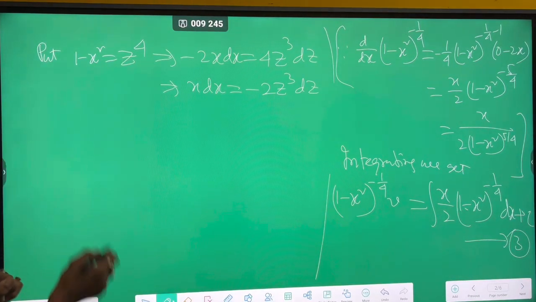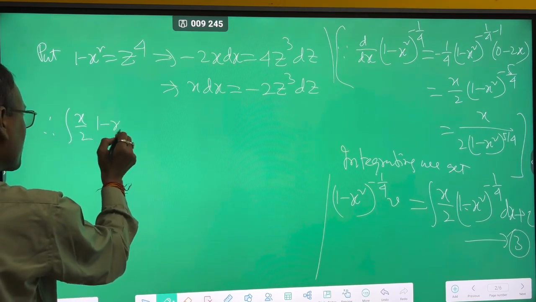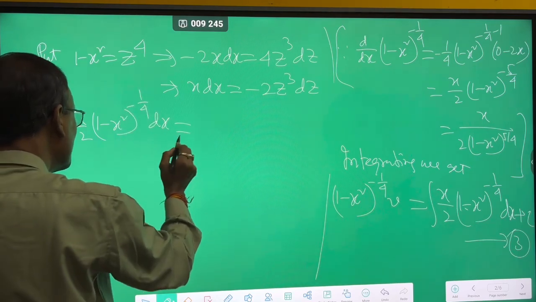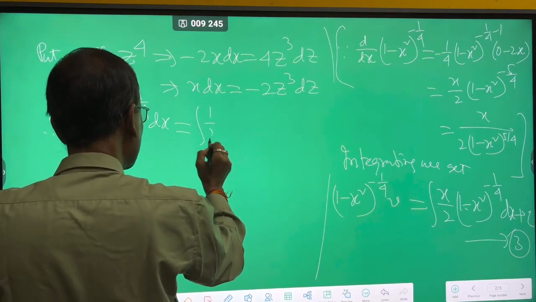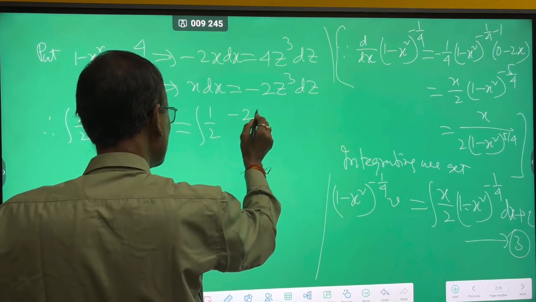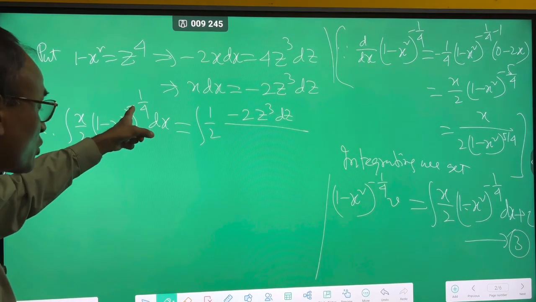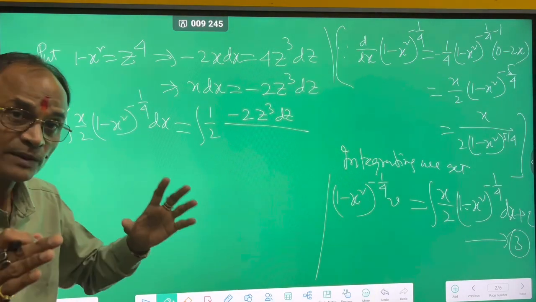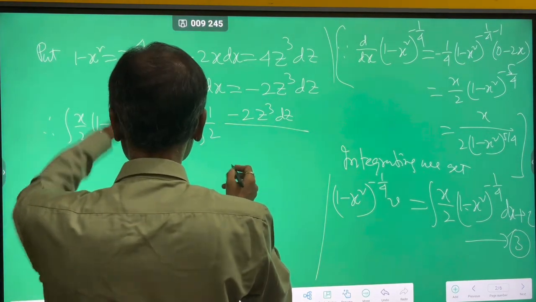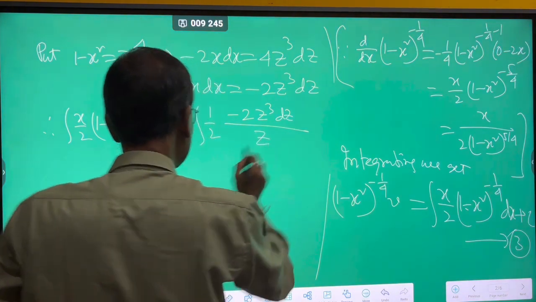Therefore, integral x by 2 into 1 minus x square whole to the power minus 1 by 4 dx equal to integral 1 by 2 for x dx, you may write minus 2 z cube dz divided by 1 minus x square whole to the power 1 by 4. 1 minus x square means z to the power 4. This means it will be z. Correct?